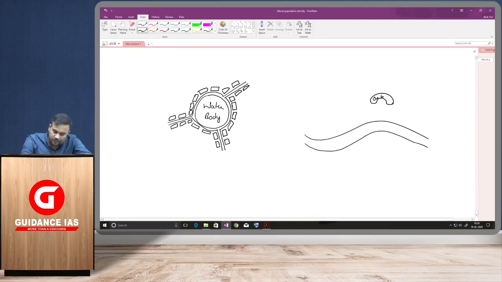So this is an Oxbow lake. So very commonly you can find settlements to be concentrated along this Oxbow lake. So there would be formation of a semicircular pattern.